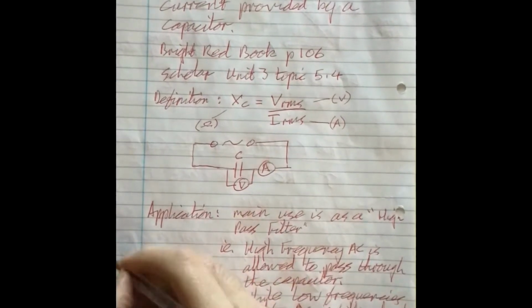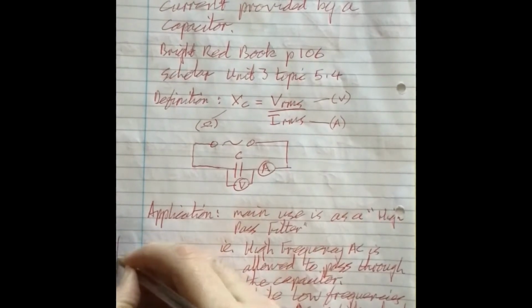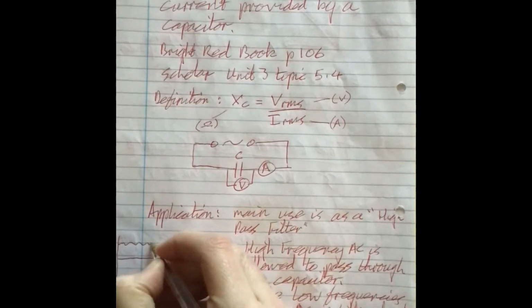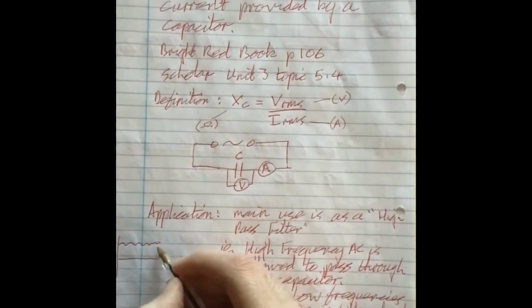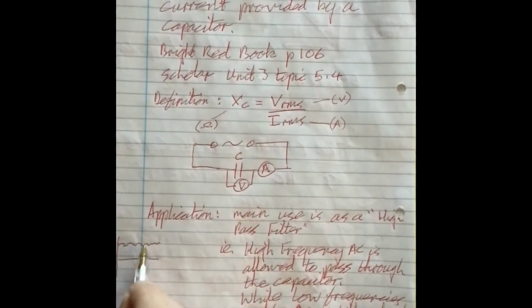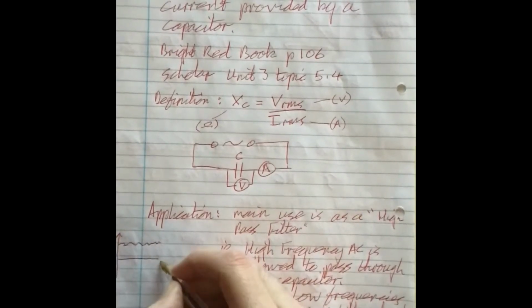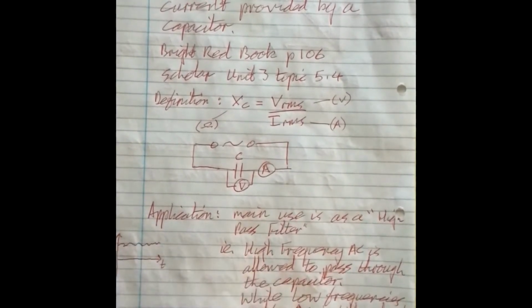So if we have, for example, a signal that looks something like this, and this signal would be a very small AC waveform imposed on mostly a DC signal.